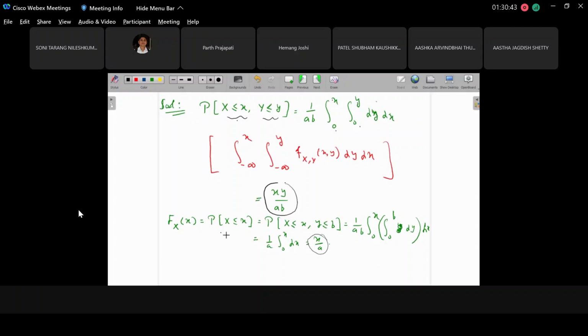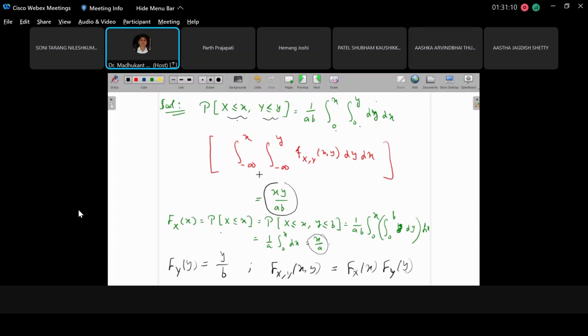So similarly, you can also verify that this Fy of y is equal to y upon b. So from the discussion above, you have Fxy of x comma y is equal to Fx of x into Fy of y. So this also identifies that both x and y are independent.